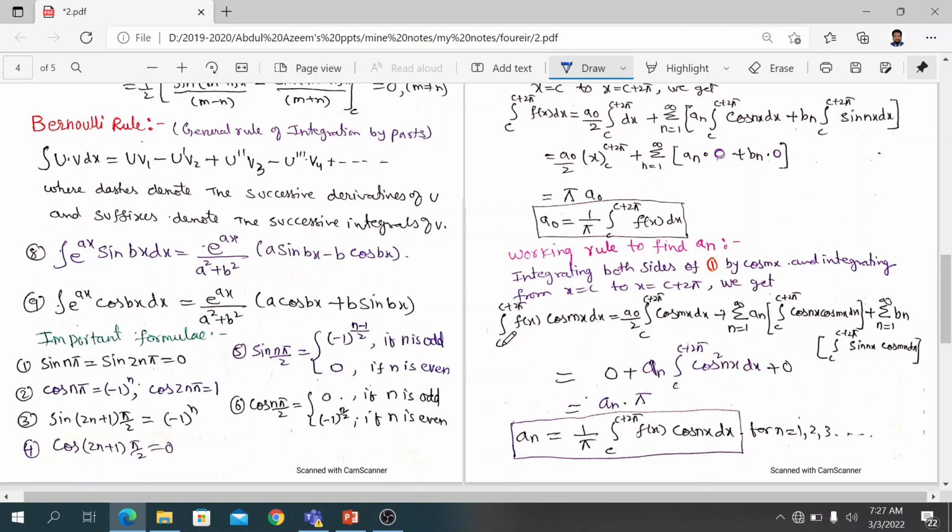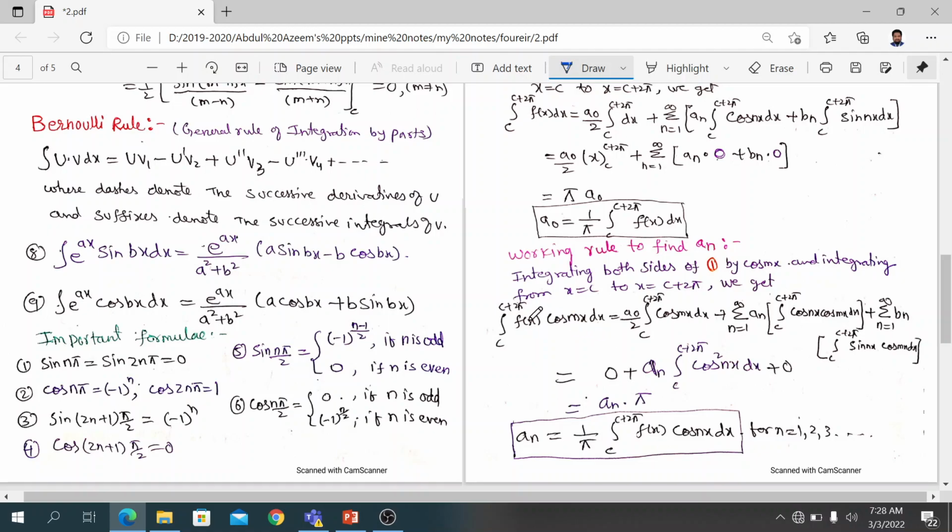We get integration c to c plus 2 pi f of x cos mx dx is equal to a naught by 2 integration c to c plus 2 pi cos mx dx plus sigma n is equal to 1 to infinity an bracket of integration c to c plus 2 pi cos nx cos mx dx plus sigma n is equal to 1 to infinity bn integration c to c plus 2 pi sin mx cos mx dx. Here we are multiplying with cos mx.